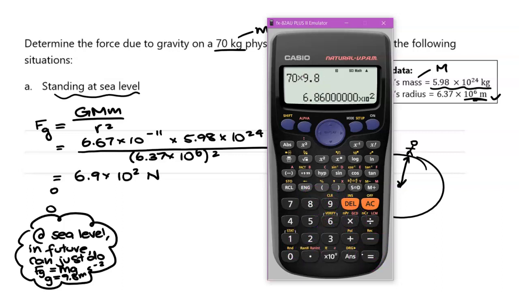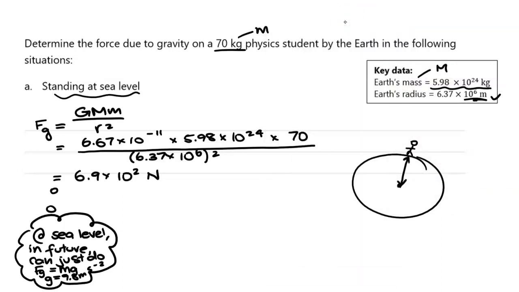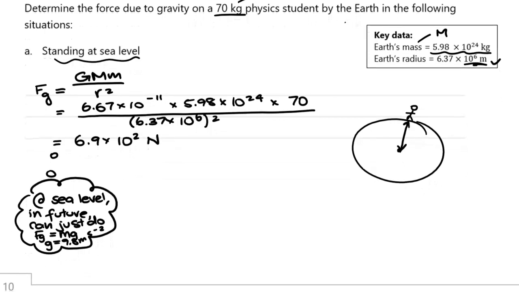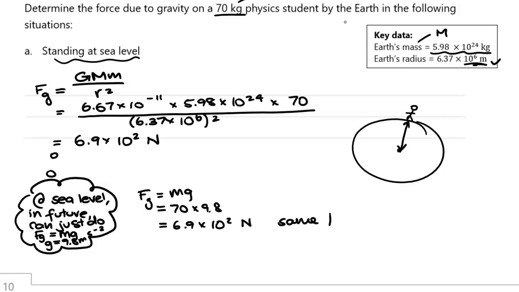And that's pretty close. If we round that to 2 sig figs, we get about the same answer. So we could have done Fg equals mg, 70 times 9.8, which equals 6.9 times 10 to the 2 newtons, which is the same to 2 sig figs.